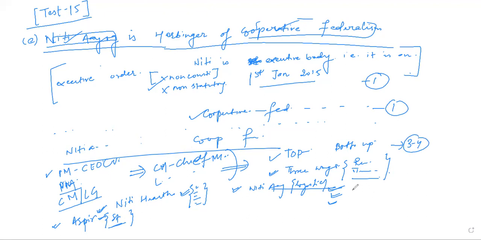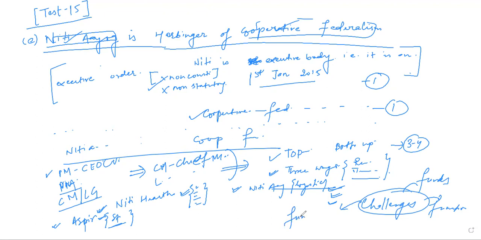The rest you will write as a small section on challenges: mention funds issues, functions not defined, and functionaries, meaning people, machinery and resources that are not available. This will carry 0.5 to 1 mark. Then you will write the conclusion.